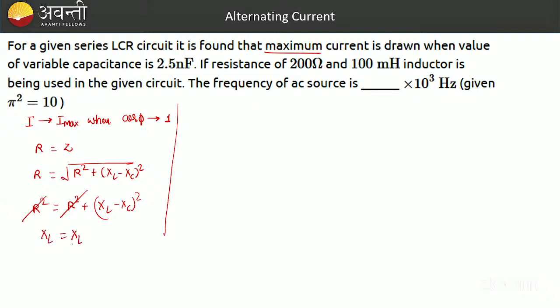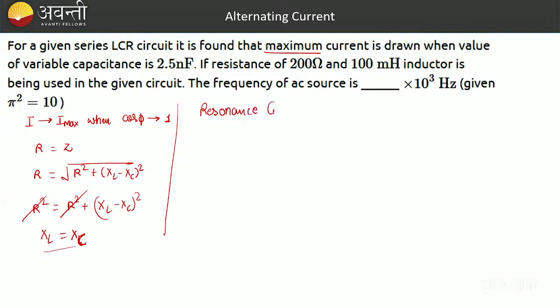Now the second method is that in a series LCR circuit, the maximum current will be drawn when there is resonance. So this is resonance. You can use the concept of resonance here.